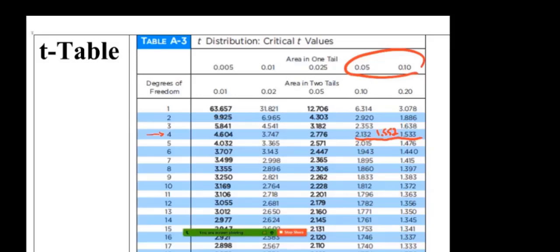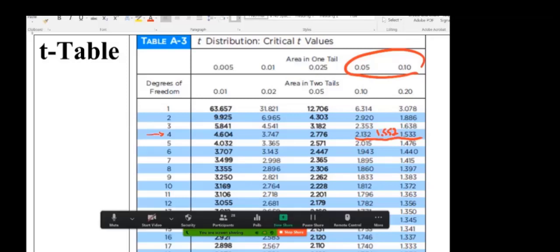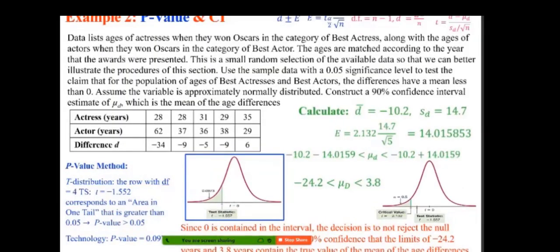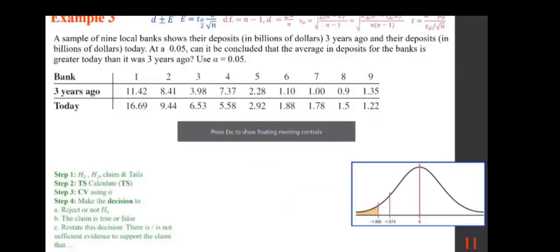I just want to make sure that we've been exposed to reading the table. Using technology or using the table, you come up with the same result. So clearly the p-value is larger than 0.05, and you therefore come up with the same decision as you made here. Do not reject H0. Let's go to the next example.